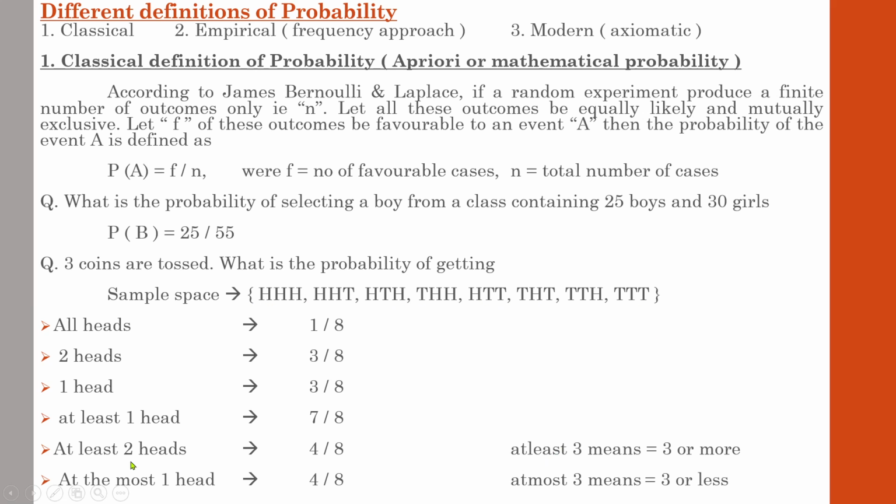And remember the terms at least and at most. At least means whatever the number given, consider that number and more than that number. So at least 3 means 3 and above, which means 3, 4, 5, 6, 7 likewise. At most 3 means 3 or less, so it includes 3, 2, 1, 0. That is the meaning.